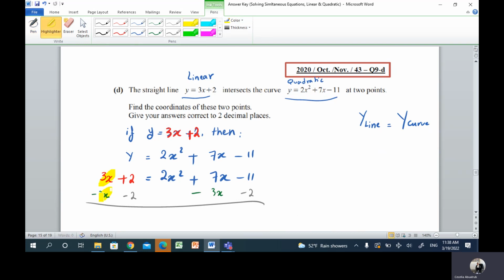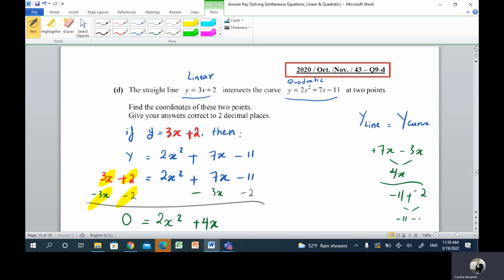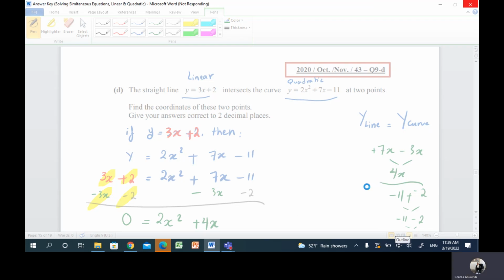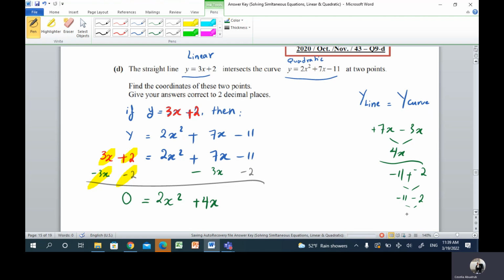So 3x and negative 3x are cancelled, 2 and negative 2 are cancelled, so we're going to have a 0 here. 2x squared is going to come down as is, plus 7x minus 3x, it will come down to plus 4x, and then minus 11 minus 2, so it will be negative 13.